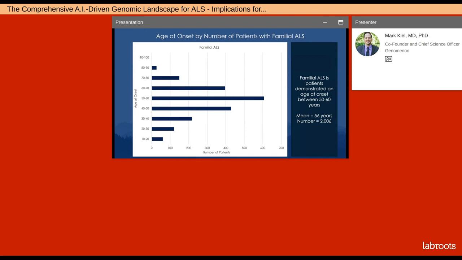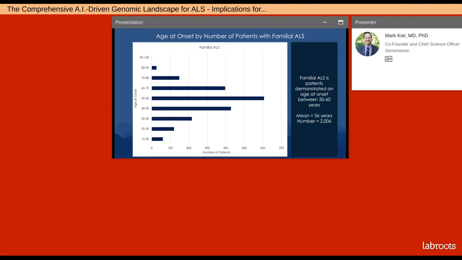And so this is in contrast to the content in the table that I showcased earlier, which was looking at single studies and couldn't possibly have aggregated all of that data without an artificial intelligence assisted platform such as I described earlier, employed by Genomenon.